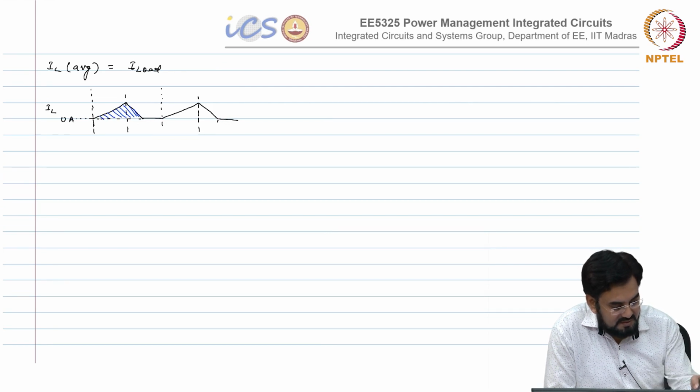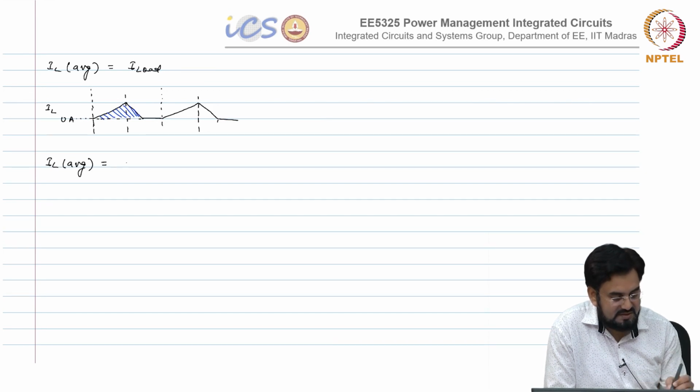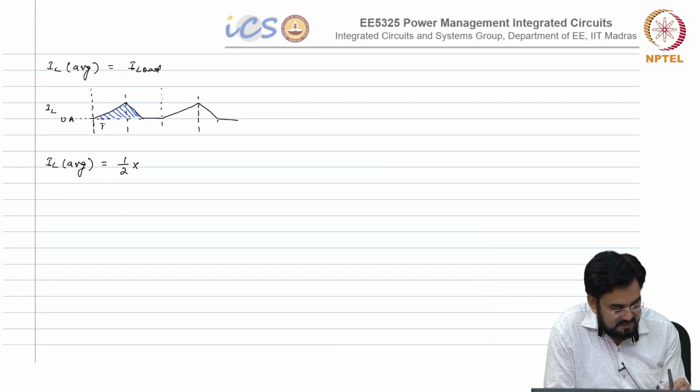So I_L average, what is the area? Half. So this is T_on, T1, T2.